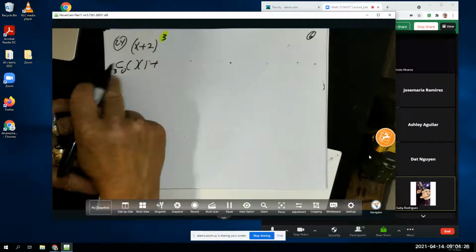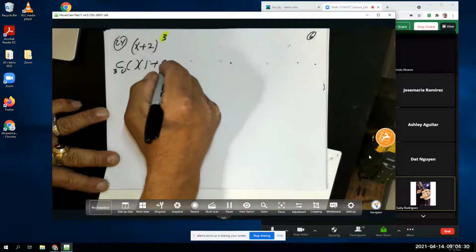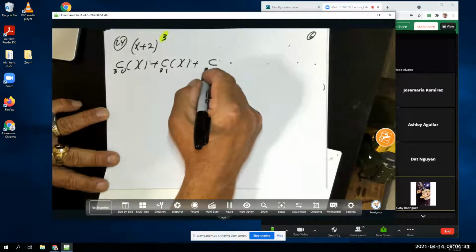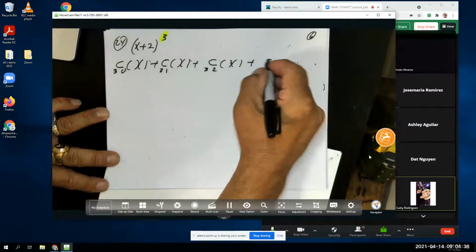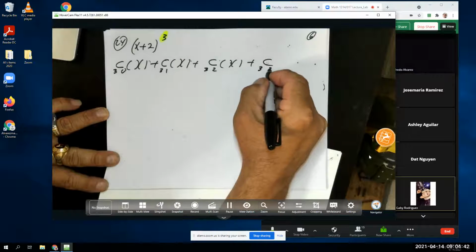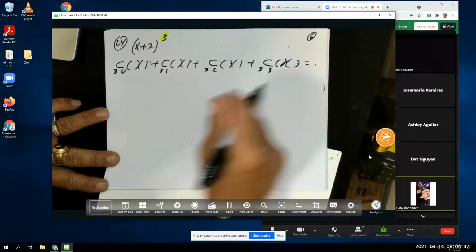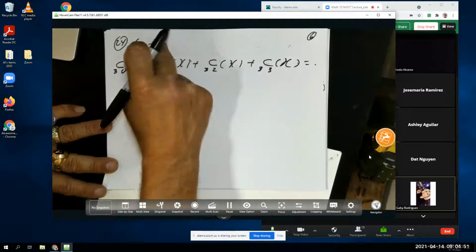Next one, C and R of 3, 1, and then something goes there. And then C and R of 3 and 2, and something goes there. You keep going until the numbers match. So next one will be 30, 31, 32. Oh, all right, 3 and 3, they're matching now. Yay. So that's the end of it. It's always going to be one more than this. Is this 3? There's 4. If it's 4, it's 5.